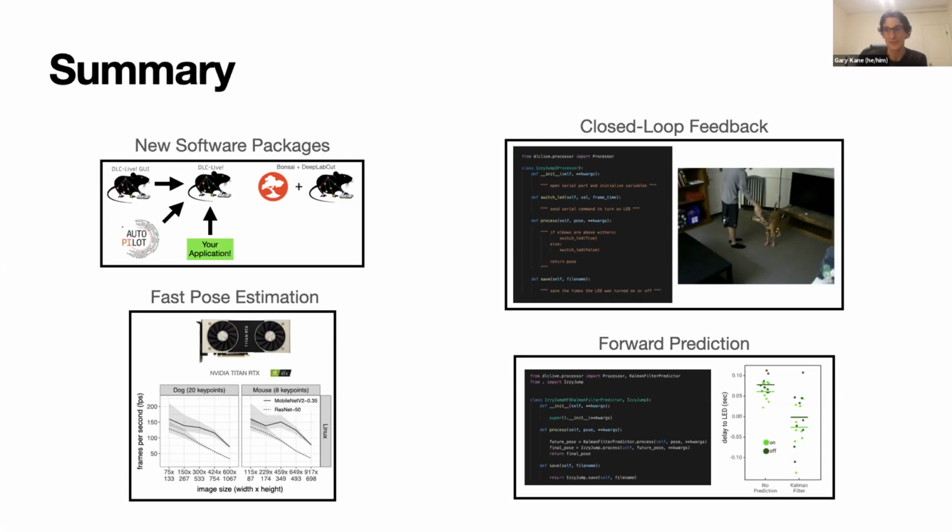You can take that pose and feed it into whatever algorithm you're using for your ethogram, and then you can figure out which behavioral state the animal is in, and then do some sort of triggering or control external hardware based off of that. You can also save a history of poses, which is how we implement the Kalman filter: we save the last couple of poses, and so you can implement it solely there. It shouldn't be too difficult as long as you have that code already written.